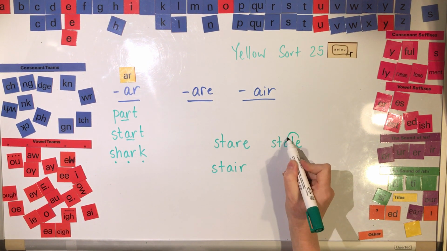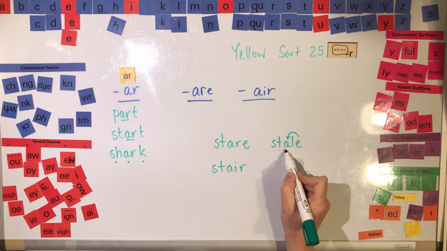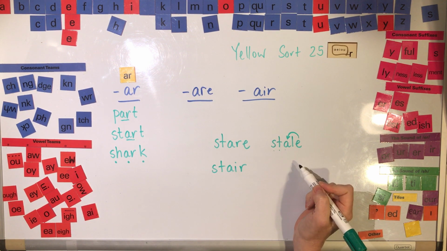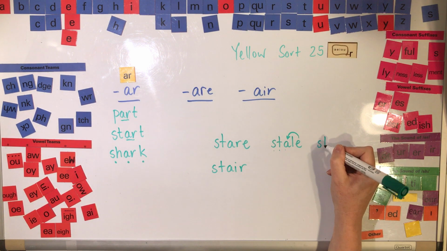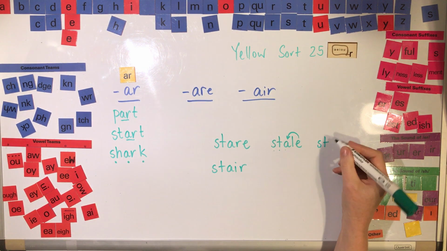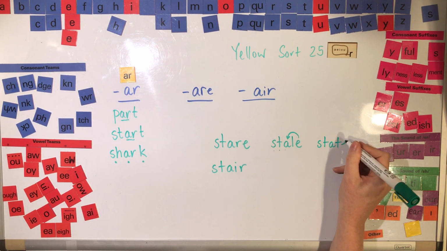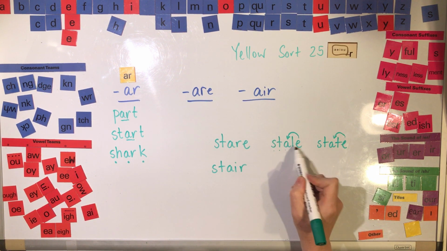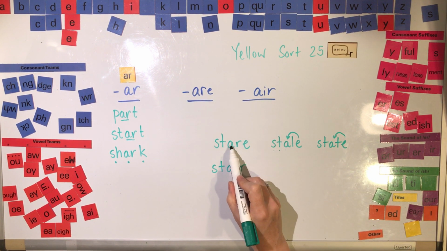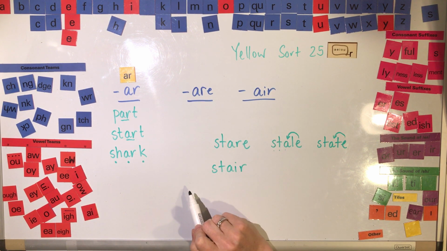Our A is basically magic E, so that says stale. If it had, let's make the R a T. State, state. Every other consonant in that position would have that behaving as a magic E.